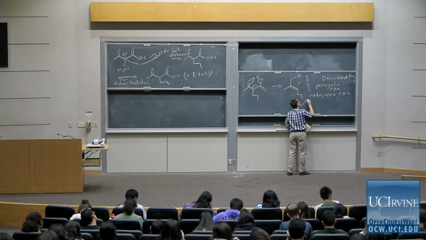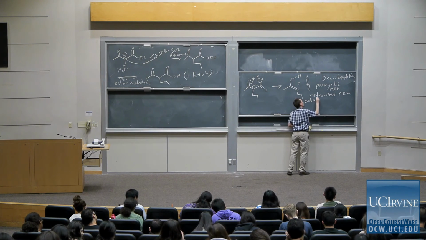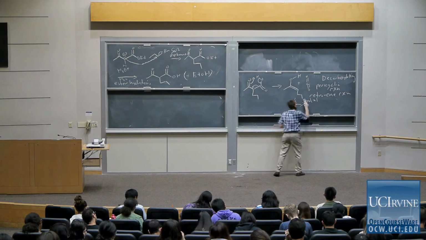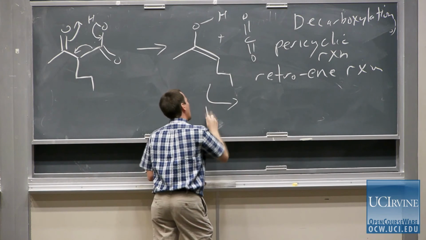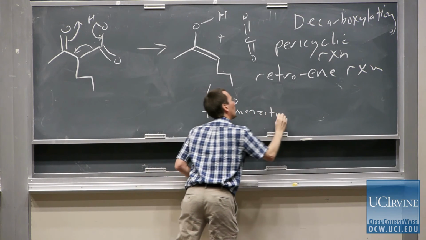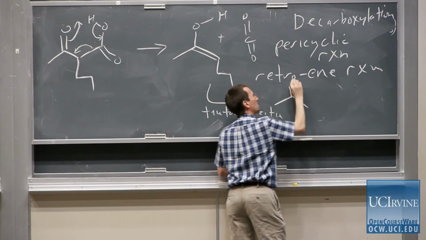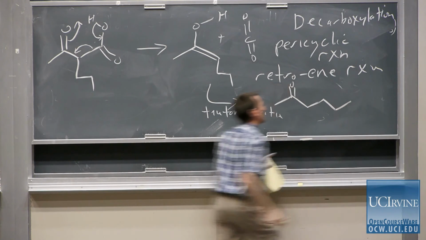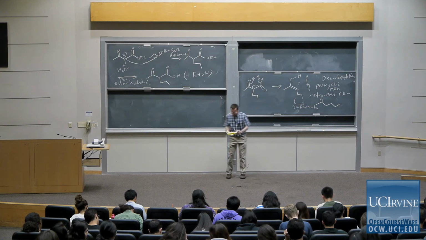Our ketone undergoes enolization, or, well, keto-enol, I will write tautomerization. And that gives rise to the 2-methyl ketone because, of course, enols aren't stable.